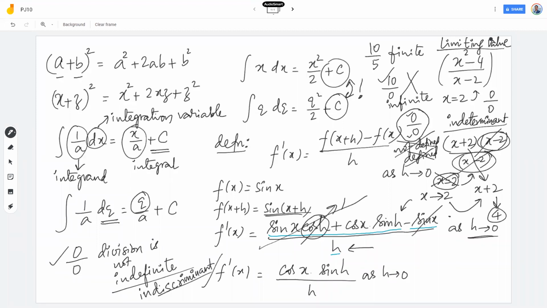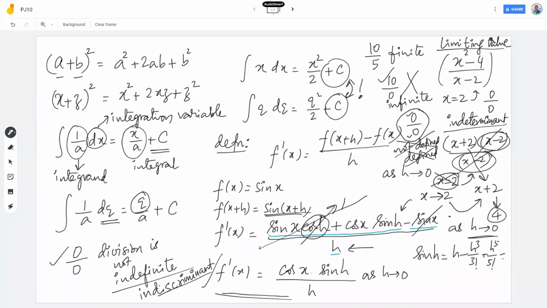Anyway, coming back to this, f dash of x is equal to cos x into sin h by h as h tends to 0. If you substitute h equals 0, it will become 0 by 0. So we should not substitute h equals 0 here. What you can do is this. Sin h has an expansion: h minus h cube by 3 factorial plus h power 5 by 5 factorial minus, and so on.